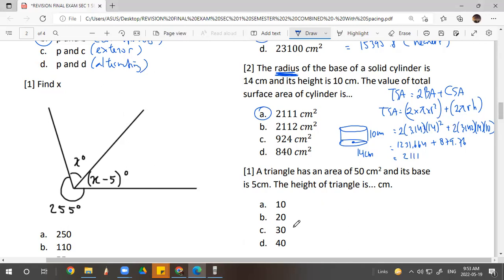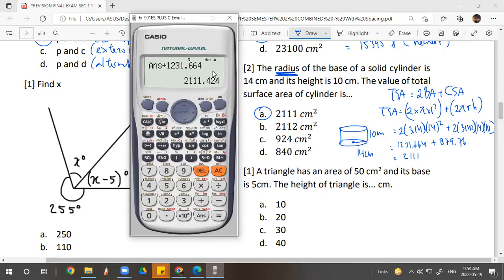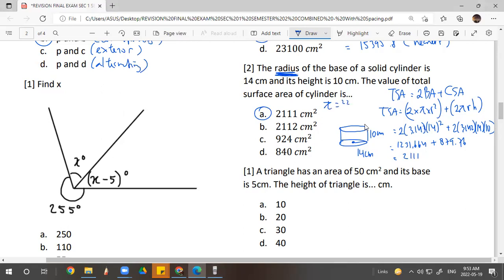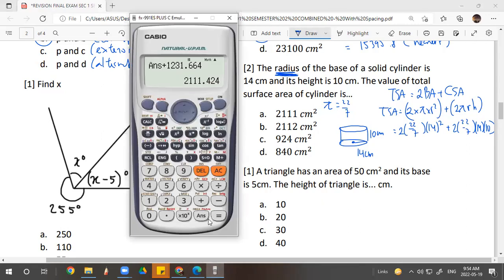But to make it simpler, you can change pi to 22/7, guys. To be more specific, pi is not actually 22/7. Pi is a number near 22/7, but the nearest decimal is 3.142. Okay, let's try it. Yes, please, you may go to the toilet. Okay, sure. So 22/7, just write it down one more time: 2 times 22/7 times 14 squared, and then you put the bracket.